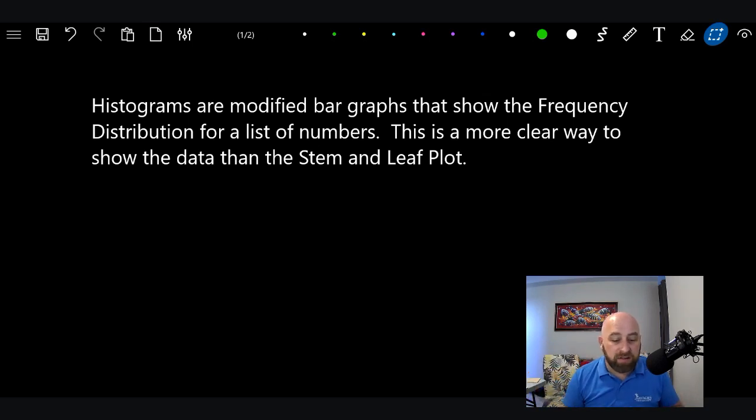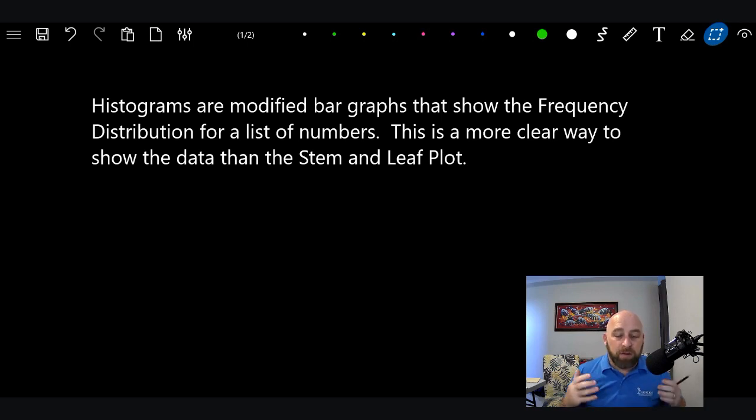And then it says there, this is a more clear way to show the data than the stem and leaf. The stem and leaf is always limited on what it shows. It's just focused on the data, just focused on the numbers. This is more focused on the visual effect of creating something that somebody can see. The other thing this does a good job at is it can incorporate more.